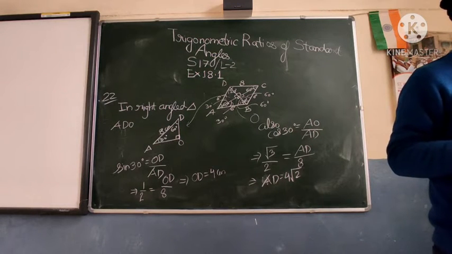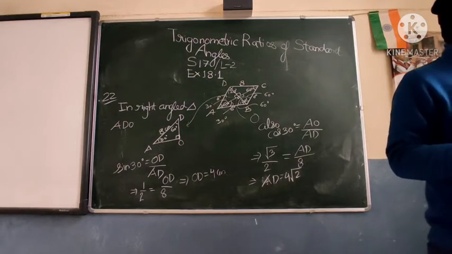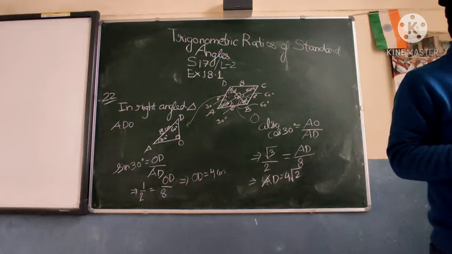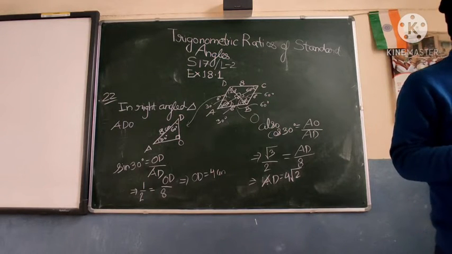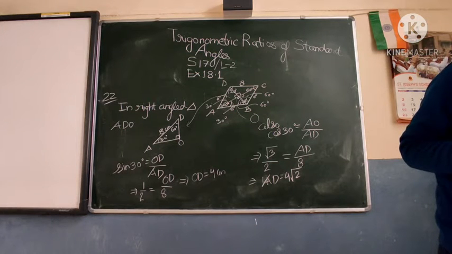So diagonals also bisect each other. Since every rhombus is a parallelogram, therefore it has all properties of a parallelogram. That means diagonals will bisect each other.